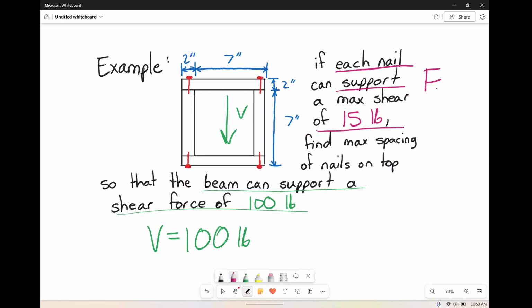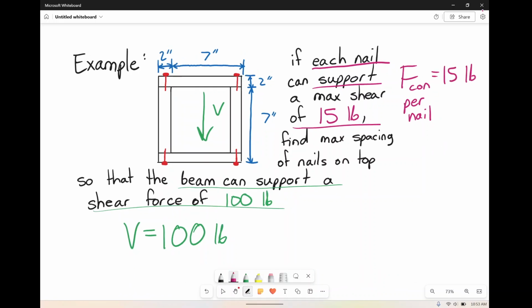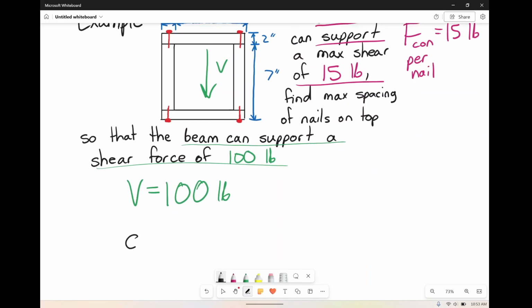That is the force of the connector per nail. That's 15 pounds. So again, I want spacing. How do I find spacing again? Shear flow. Shear flow is force of the connector divided by the spacing, and also V times Q over I.